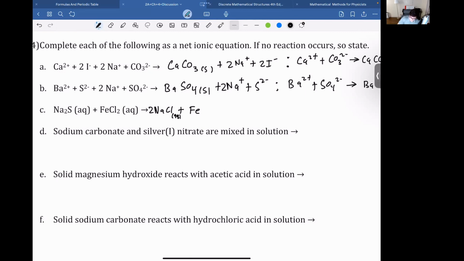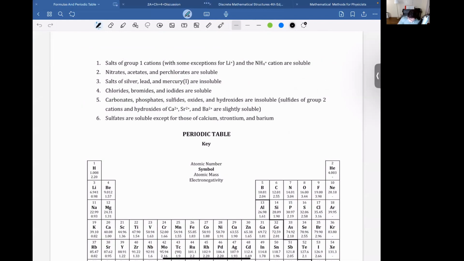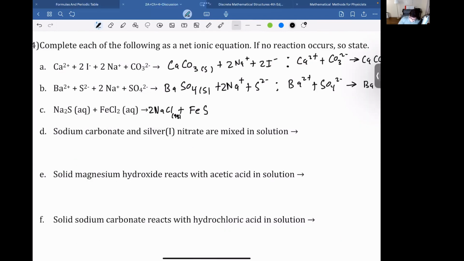Then we have iron sulfide. Iron sulfide should be insoluble, sorry, yep, for rule number 5. So FeS is solid. So the net ionic equation is going to end up being S2- plus Fe2+ yields FeS, iron 2 sulfide.